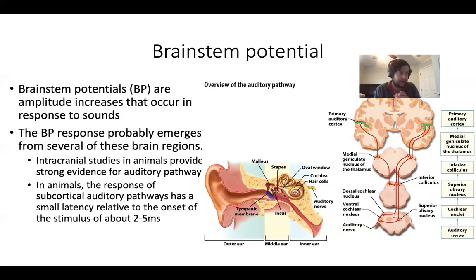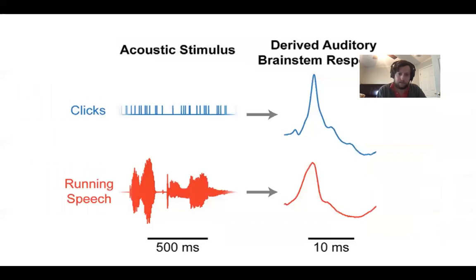There are some subcortical stops first in both the visual and auditory system. There appear to be more of them in the auditory system. There seems to be more going on for sounds in the auditory system. But then eventually, both modalities, vision and audition, reach these primary sensory areas, which are in different parts of the cortex. So let's move on here.